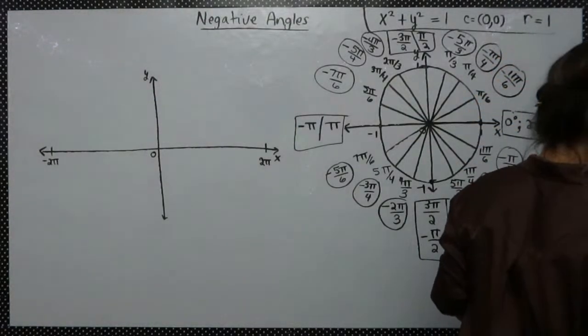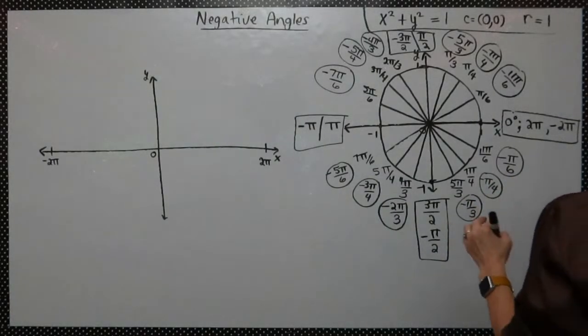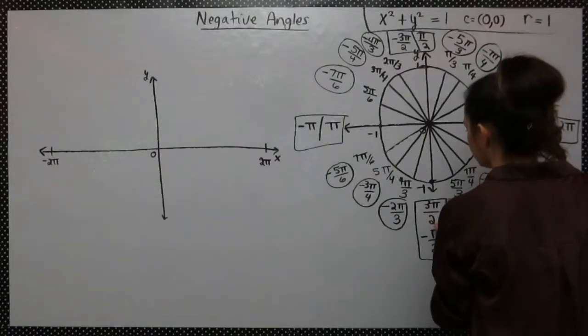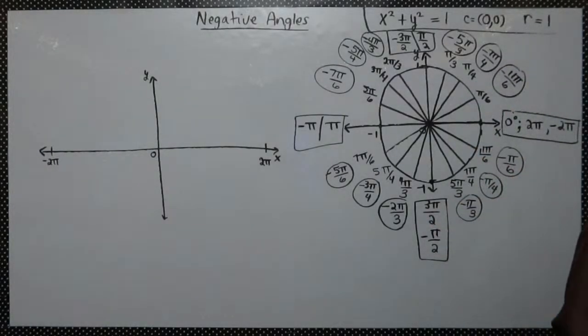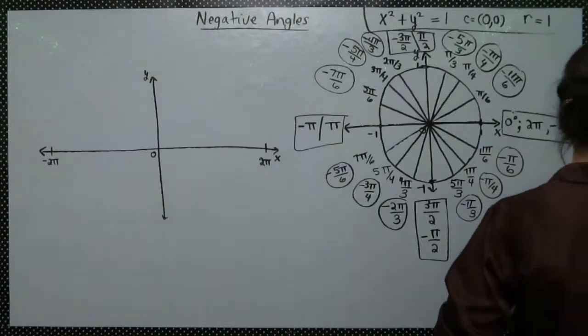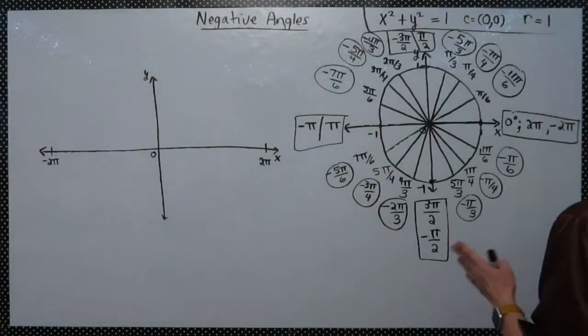And again, it took me a couple of searches to actually find the unit circle that has the negative angles, but they're out there. And you don't need me to draw you a picture. My picture looks pretty bad, but I'm just using it as a tool.